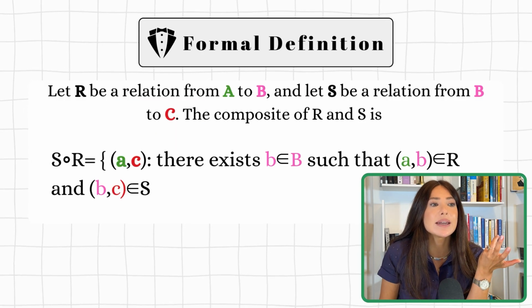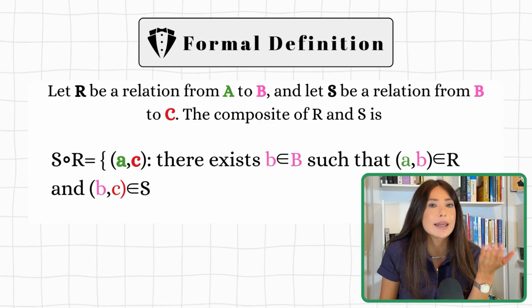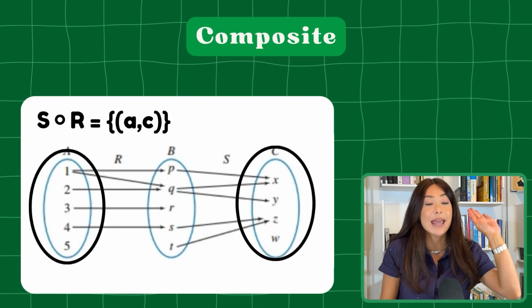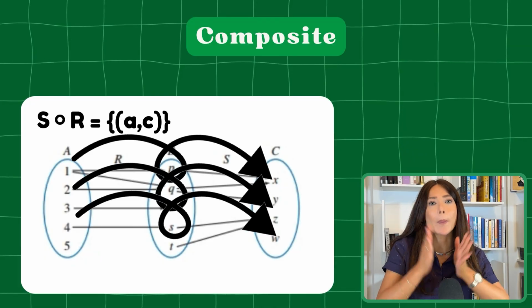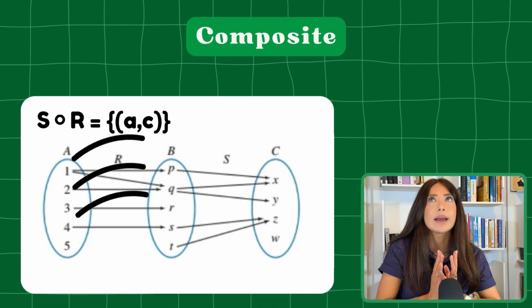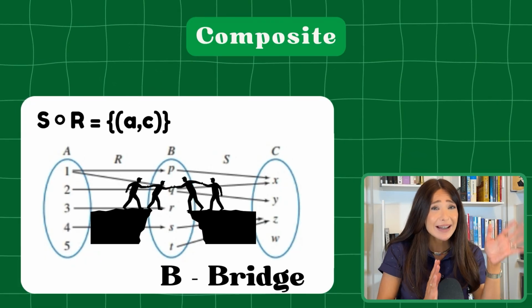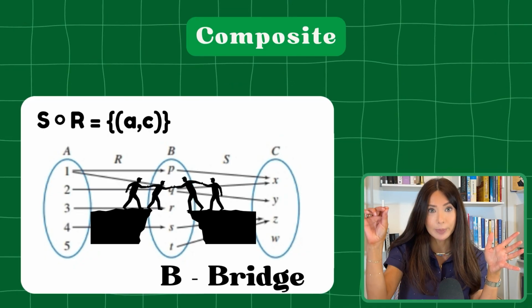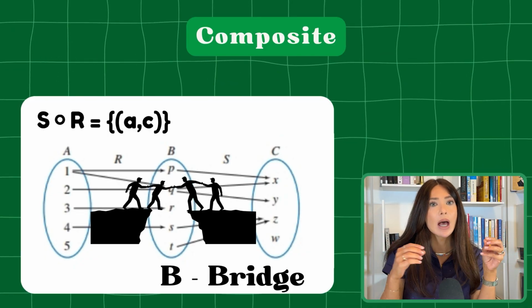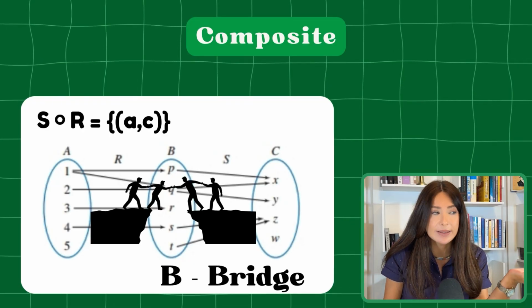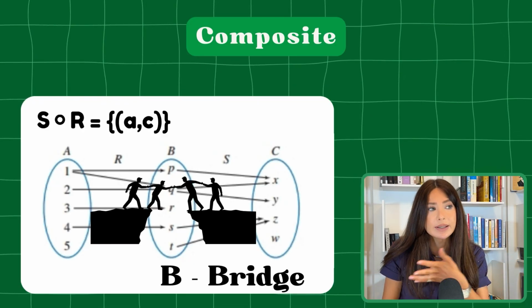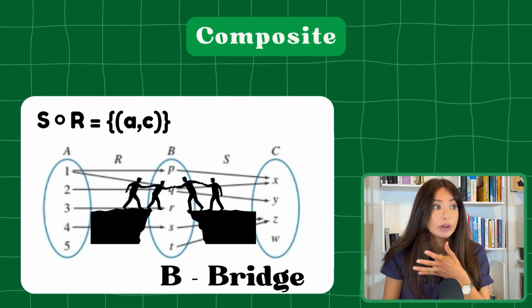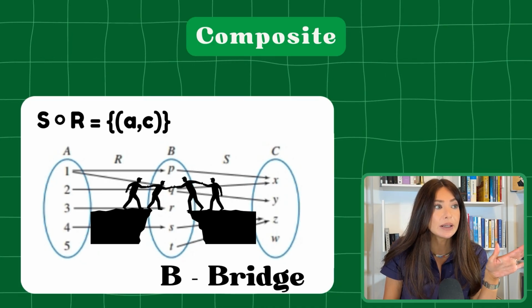So this will take three sets, A, B, and C, and relate A to C passing through B. B will be like a bridge. And any element of A that's not connected through B to elements of C will not make it into this composite relation of S composite R. For example, look at 3.